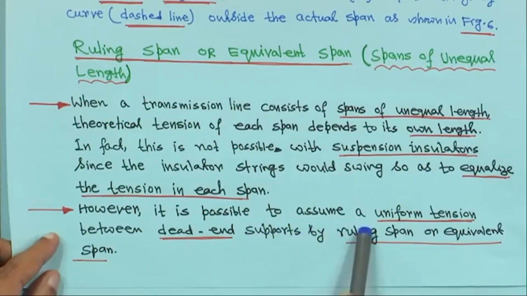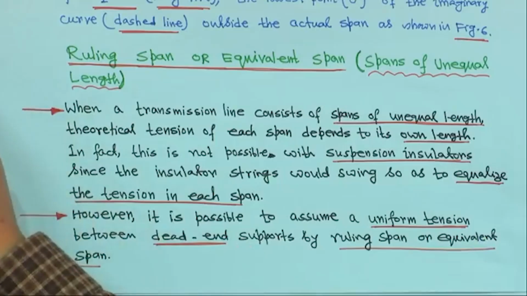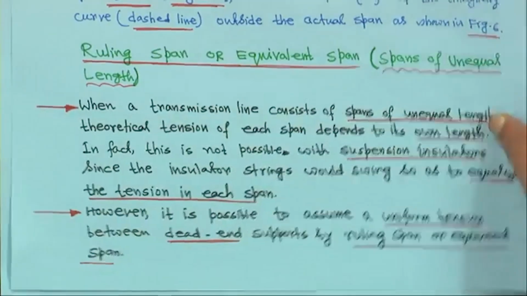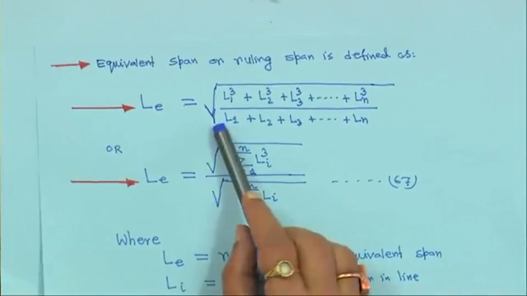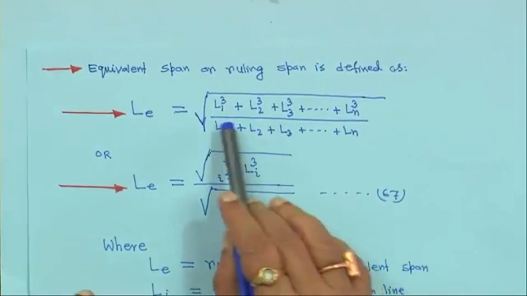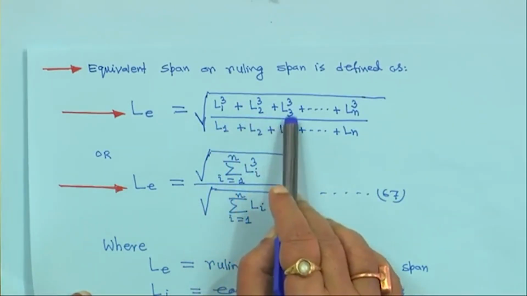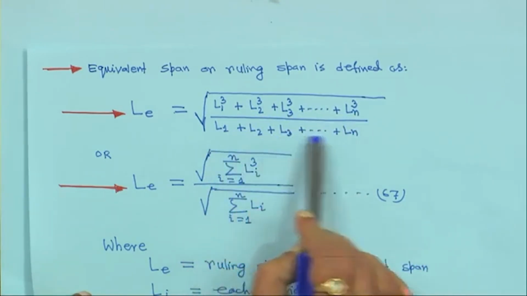However, it is possible to assume a uniform tension between dead end supports by ruling span or equivalent span. So, in that case, if you have different spans, then LE can be taken as the square root of L1 cube plus L2 cube plus L3 cube up to Ln cube, summation, divided by L1 plus L2 up to Ln.